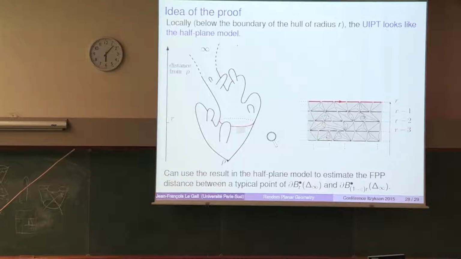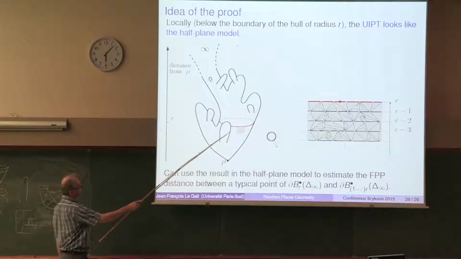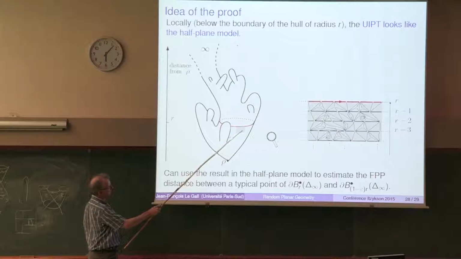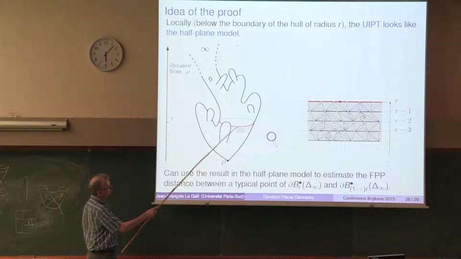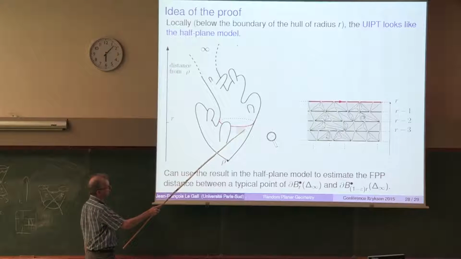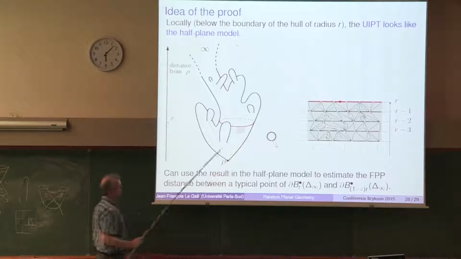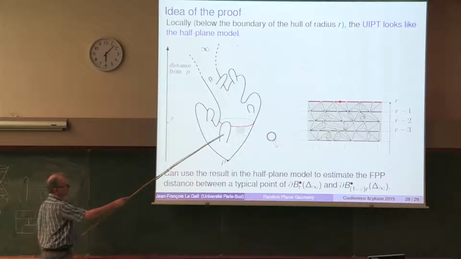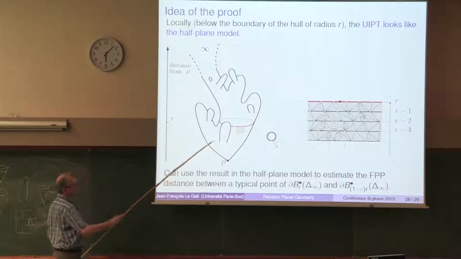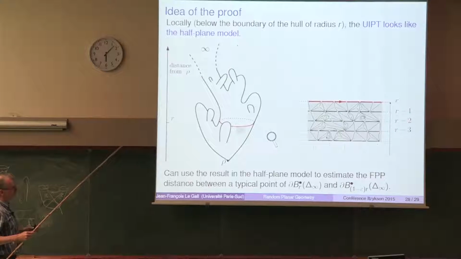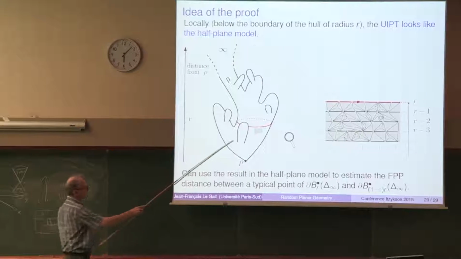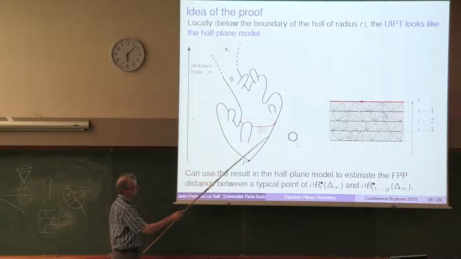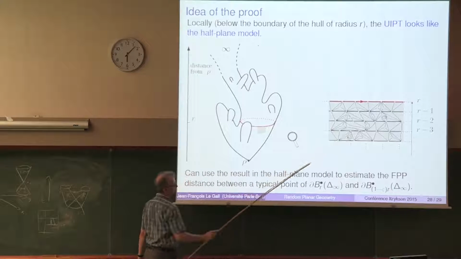So what you do is look at what happens just near the boundary of the hull. You zoom in on this part, below the boundary of the hull, and because of all my results saying that the layers are coded by trees which are almost Bienaymé-Galton-Watson trees, what you see just below the boundary of the hull is something that looks like the half-plane model.